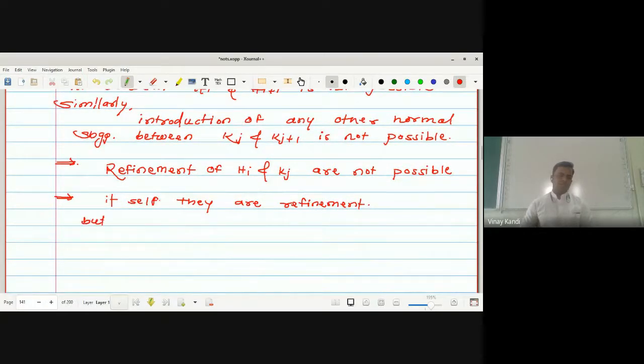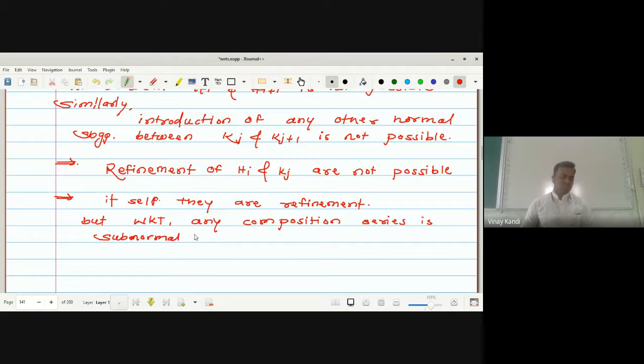But we know that any composition series is a subnormal series, but the converse need not be true. Is it correct?